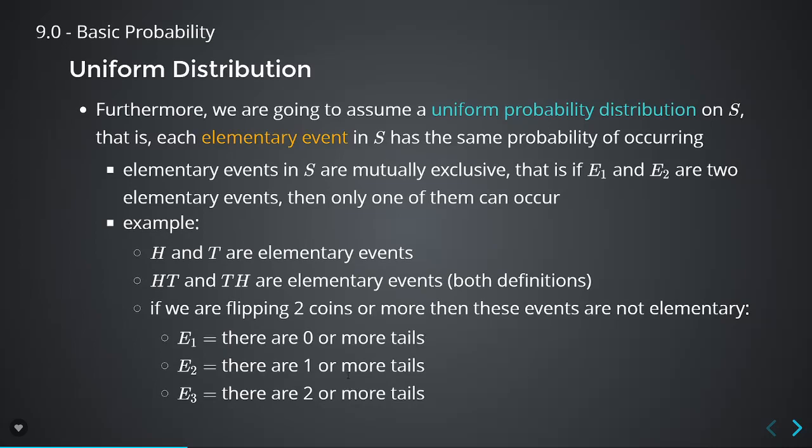The probability that there are 0 or more tails is actually 1, because you're guaranteed to have at least 0 tails if you flip 2 coins. The probability of 2 or more tails is just 1/4, because you have to come up tails in both. But the probability of there being 1 or more is 3/4. So if you add up all the probabilities, you'll get 2, which means there's an overlap.